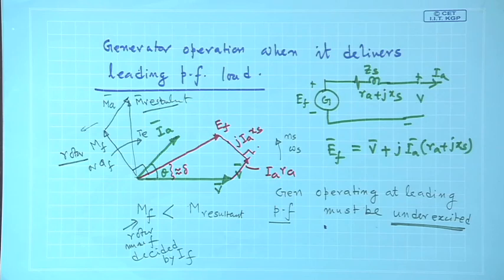So, a synchronous generator, if it is over excited, must be supplying a lagging power factor load.